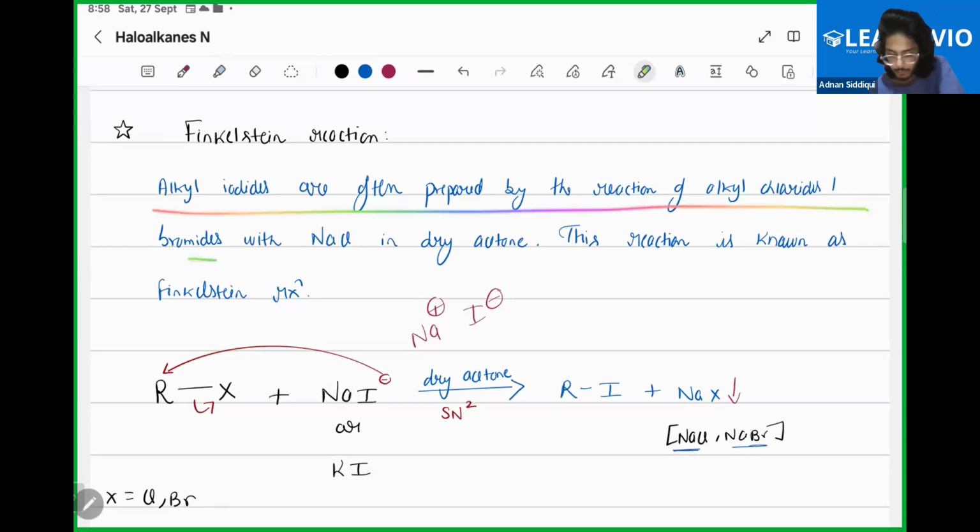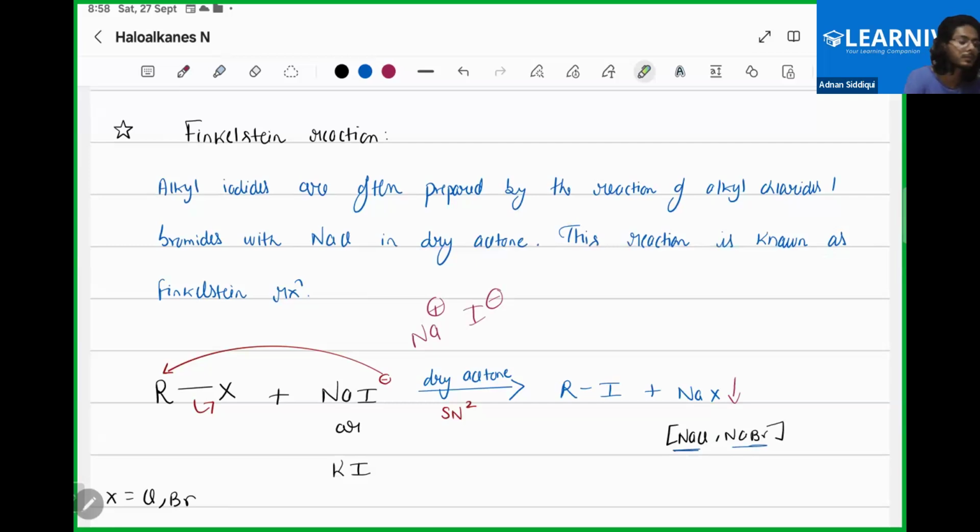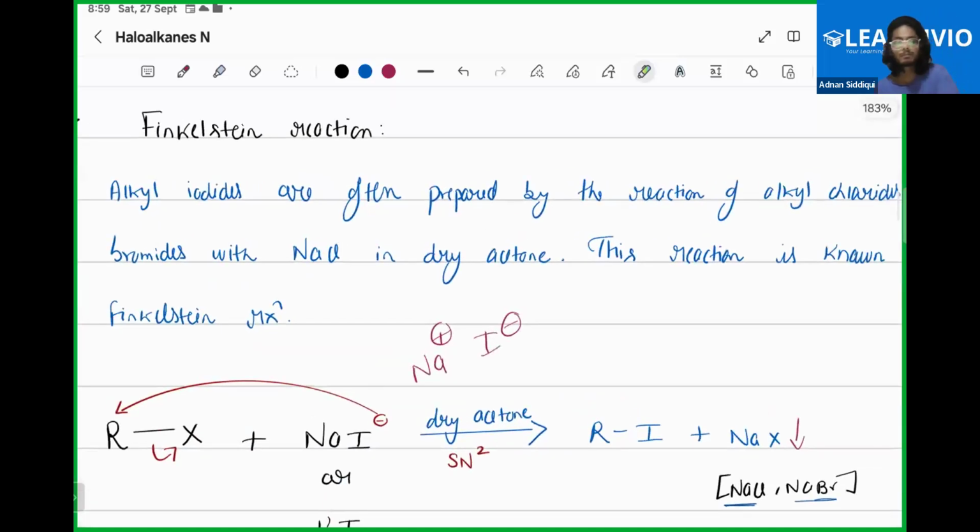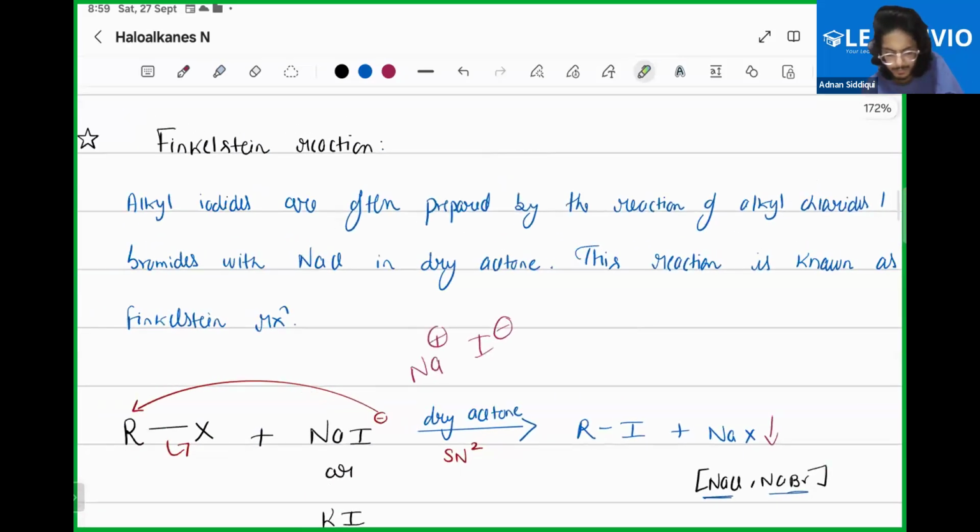Can you please read this for me? Are you able to understand my writing? Yes. So tell me what is written here.